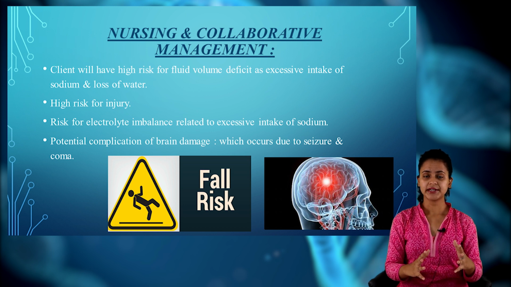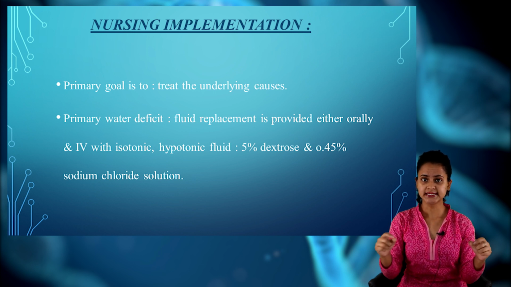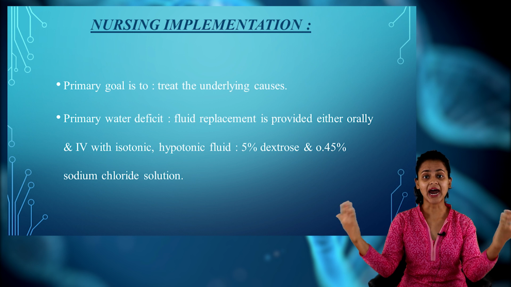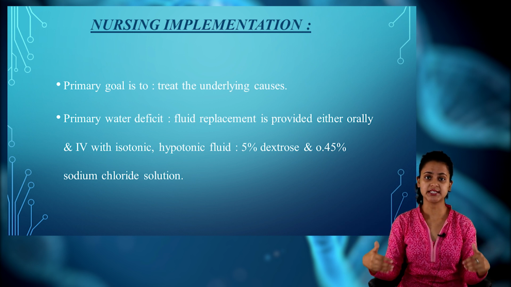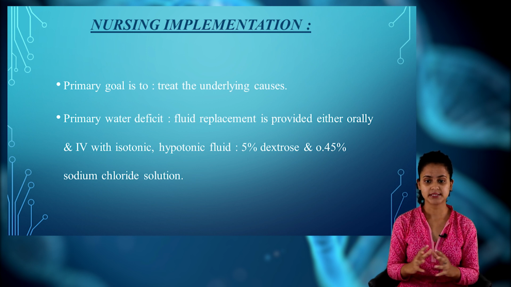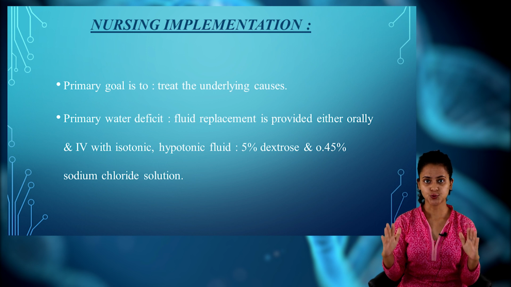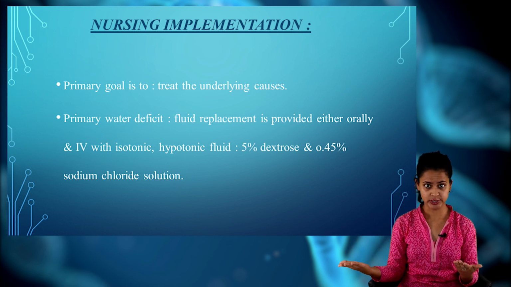Nursing implementation includes a goal which suggests the nurse treat and manage the client's underlying disease condition which is related to the development of hypernatremia. If there is a primary water deficit or fluid deficit, fluid replacement is provided either orally or through intravenous administration.